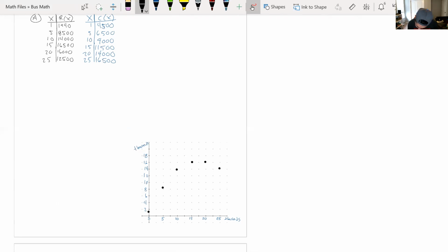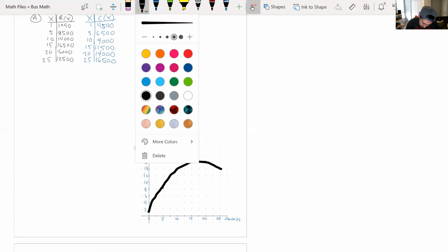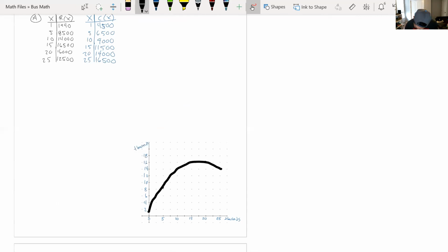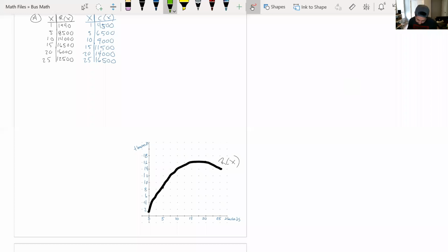So here is what our revenue looks like. This is R of X. Okay, hang on. All right, and back. Cool. All right, so graph revenue.